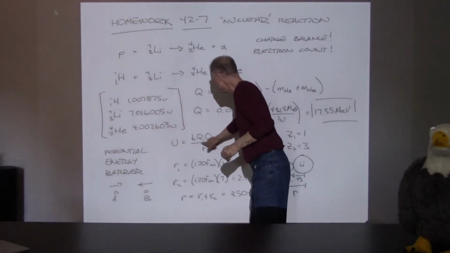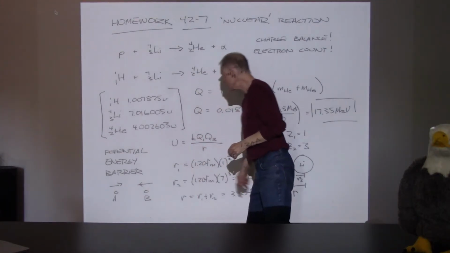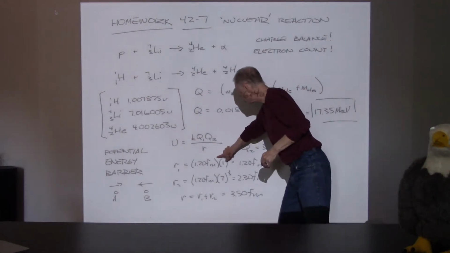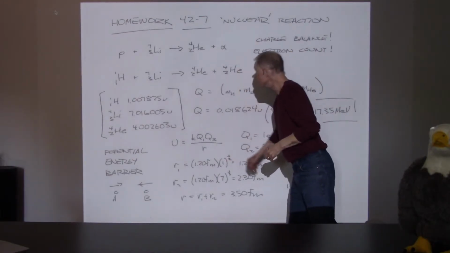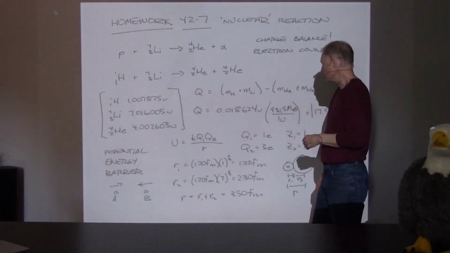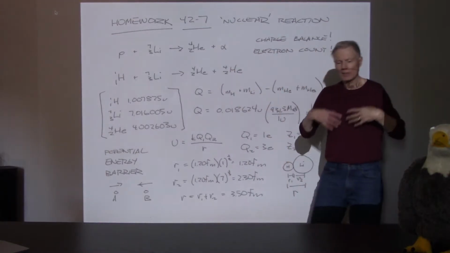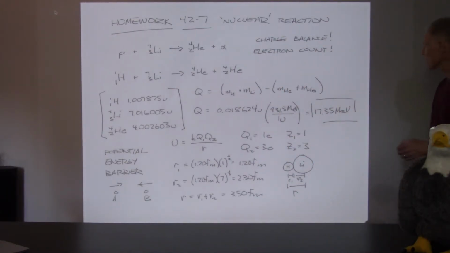So the distance center to center of the two nuclei comes from taking the radius of the two nuclei, and we're using our nuclear radius formula for hydrogen 1. That's just the proton, and that just has an atomic mass of 1. The lithium 7 is a combination of 7 nucleons, some protons and neutrons.